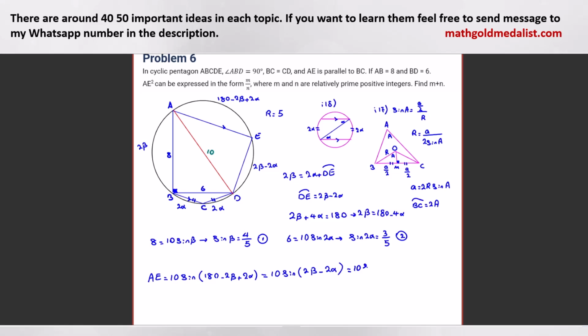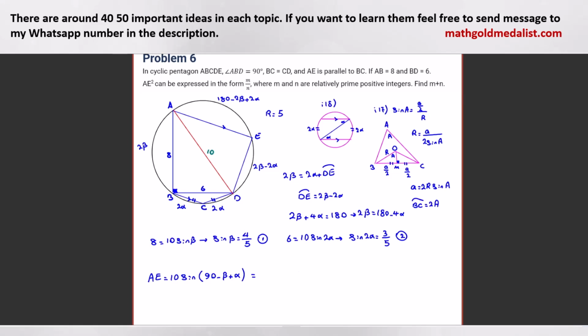So it will be 10 sine of 180 minus 4 alpha minus 2 alpha. Sorry, here we should divide this by 2, because we said half of that arc. So let's divide that. It is 90 minus beta plus alpha.